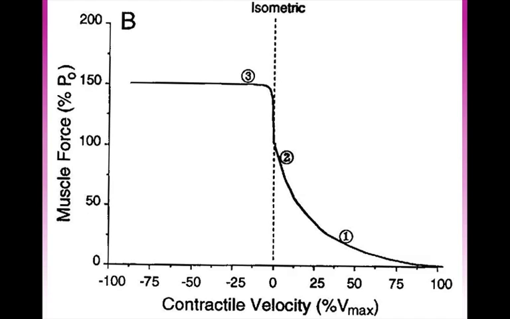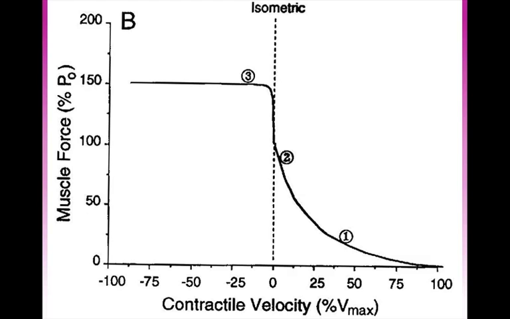As we're lengthening a tissue, we are essentially involuntarily breaking those cross bridges. And in fact, the act of breaking those cross bridges requires more force than what those cross bridges could produce on their own in an isometric contraction.